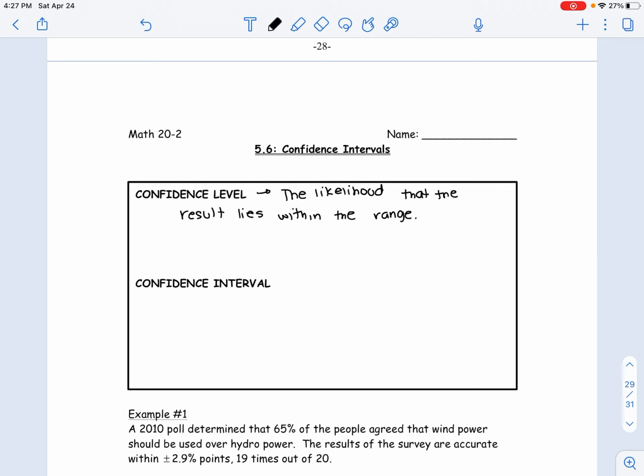And our confidence interval is kind of like what's our minimum to maximum estimate of where our data should lie. So it should always look like this.